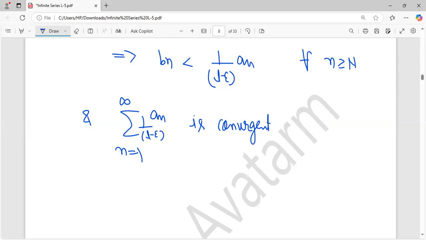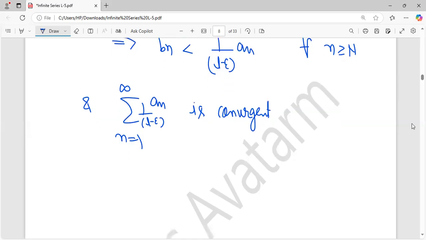Okay, I am starting from here. So how can I write this? b_n is less than 1 upon (L minus epsilon) a_n for all n greater than capital M.